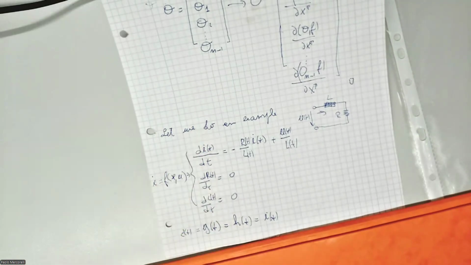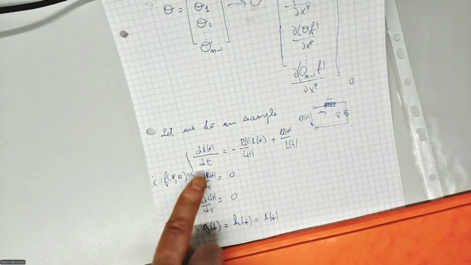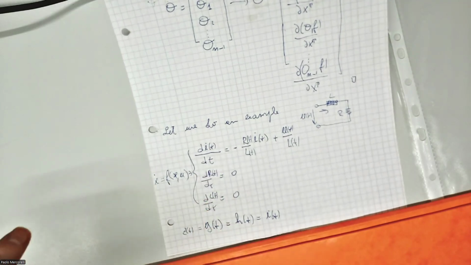Look at this example. We can see that we have a system with 3 states, but 2 of them are artificial states, or augmented states. We called them, correctly, augmented states.